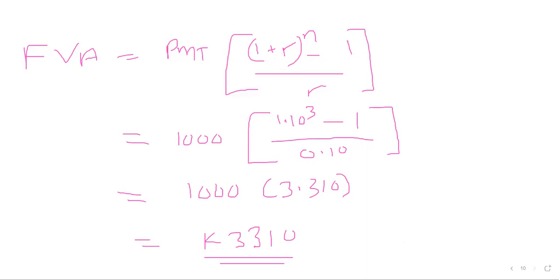The other way will be perhaps to use a table. The future value of an annuity will be the payment, then here we're going to have the future value interest factor, the rate against the time. The table should have an A there.